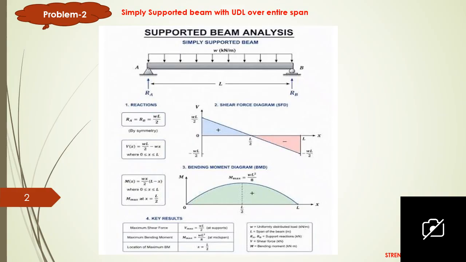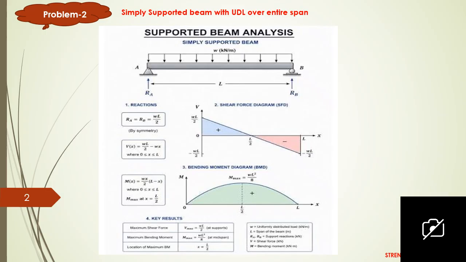So how much distance it is acting, that you have to see. You have to multiply the load with the acting distance. That total load will act at a point for the distance L by 2.